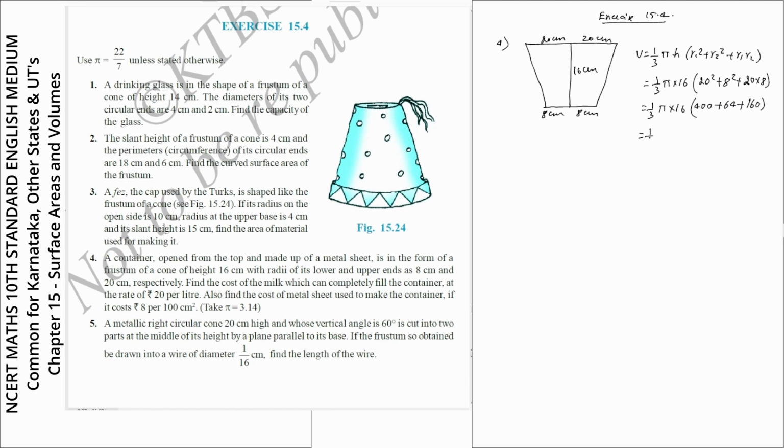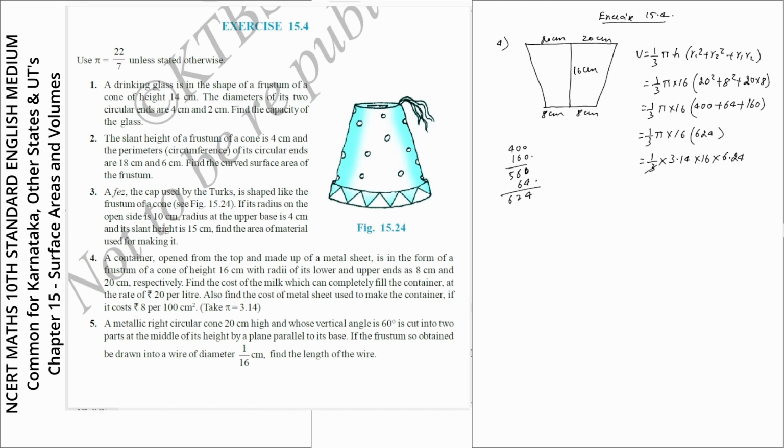So this is equal to 1 by 3 pi into 16. So 400 plus 160 is 560. 560 plus 64 is 624. So into 624. Now this is equal to 1 by 3, pi they told us to take as 3.14, into 16 into 624.